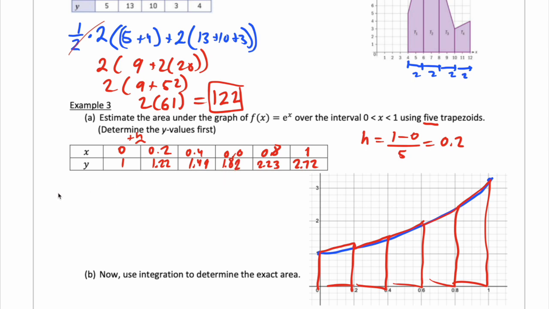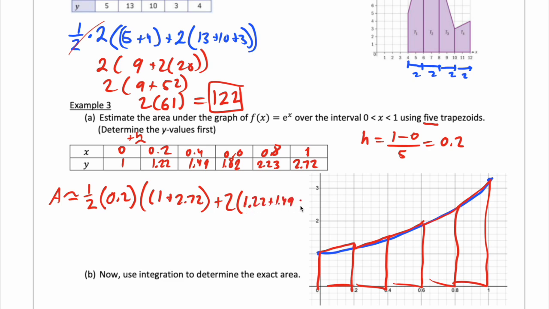Using the area formula, the trapezoidal rule, we have half times h, which is 0.2, and the first y value plus the last y value, plus twice all the other y values. So 1.22 plus 1.49 plus 1.82 plus 2.23.